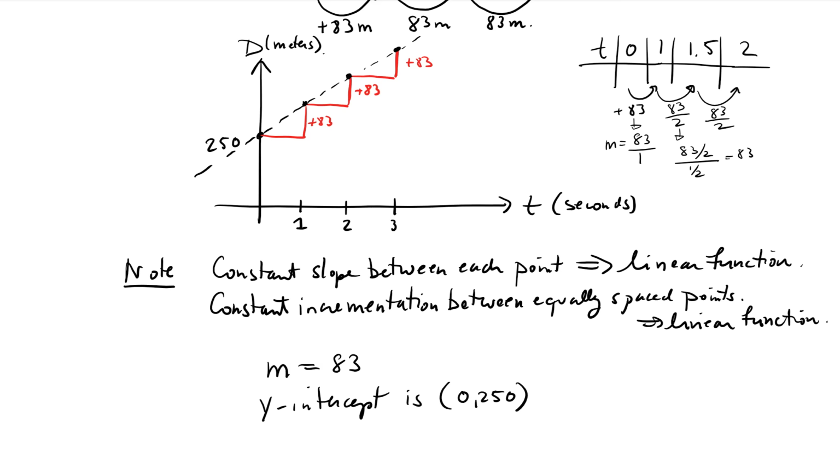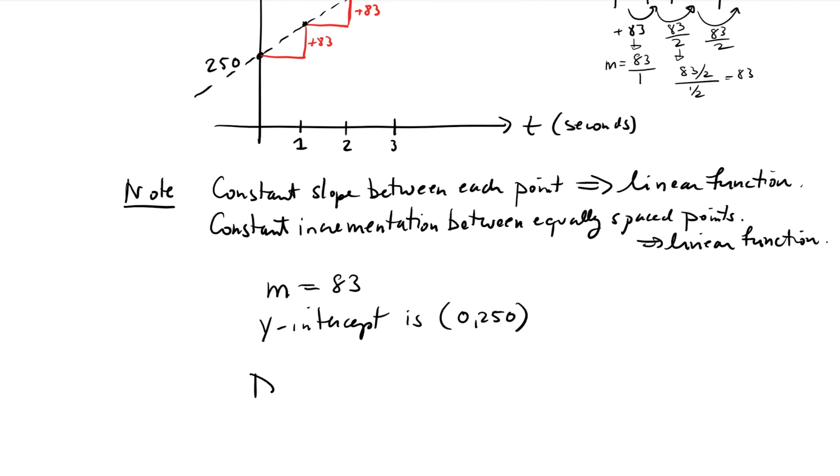So we've got a slope and a y-intercept, so we can write down the equation of our distance in slope-intercept form. So it's going to be 83t plus 250, and that's in meters. So d has units.